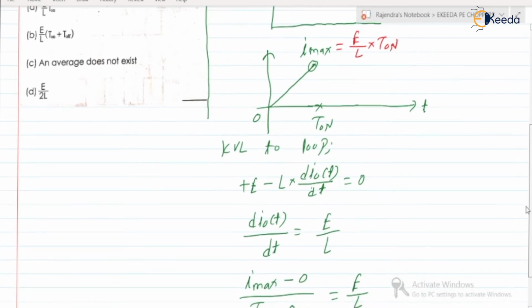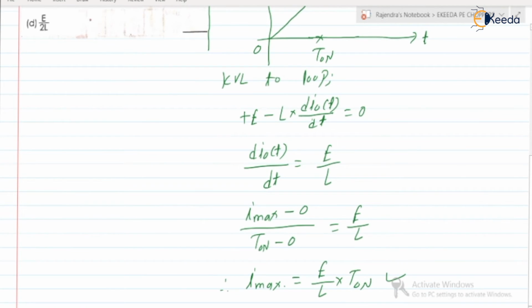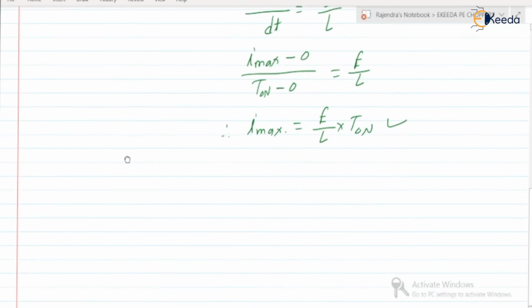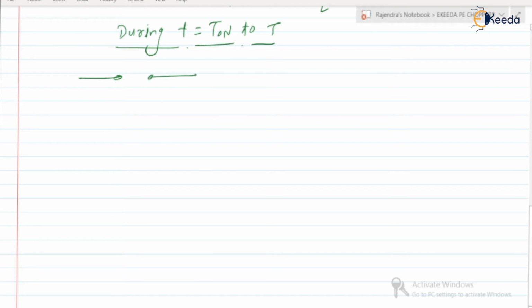Next, during the next half cycle, that is during the first off time, what will happen? The switch is open. During t equal to t on to capital T, we'll be having the circuit like this, with the switch open.